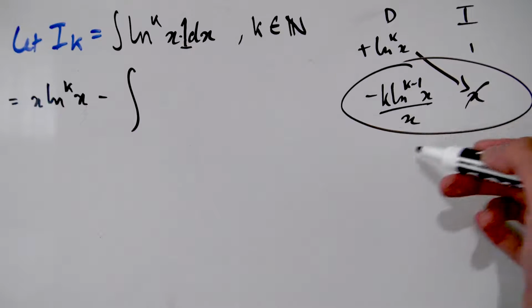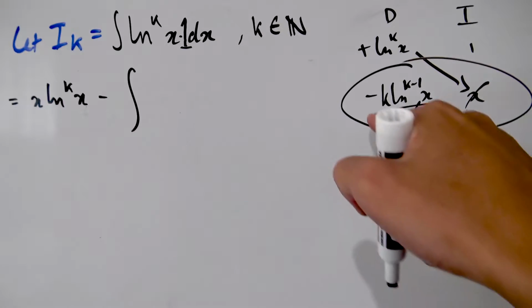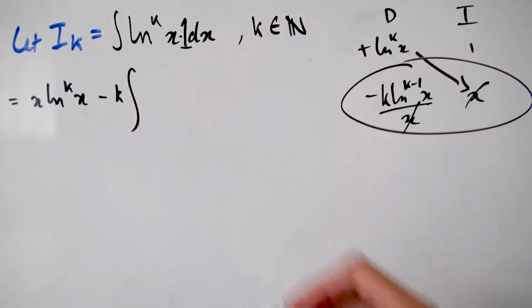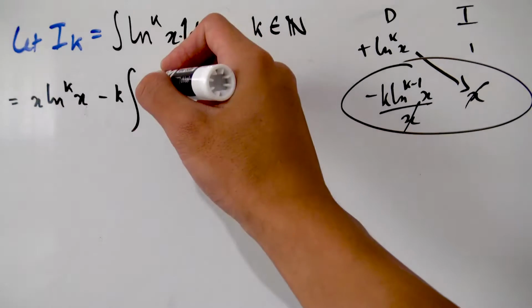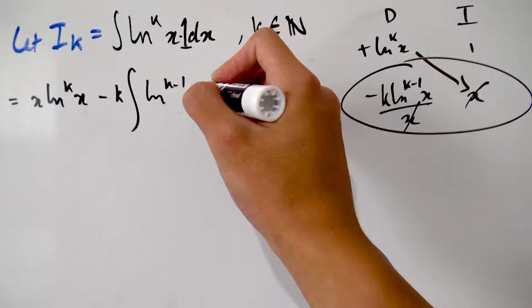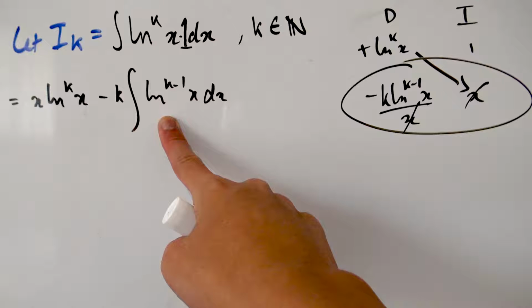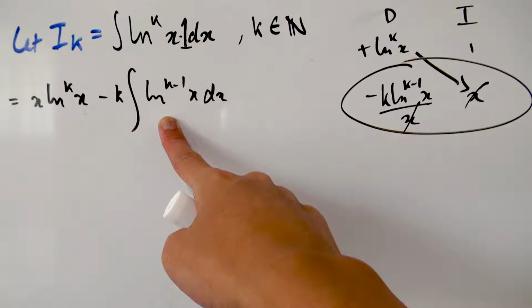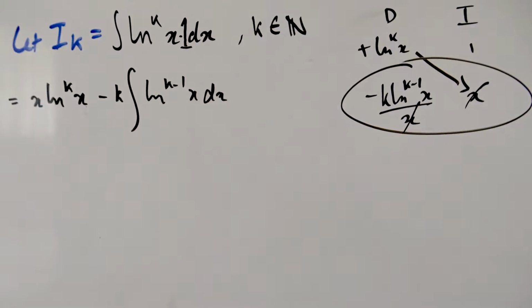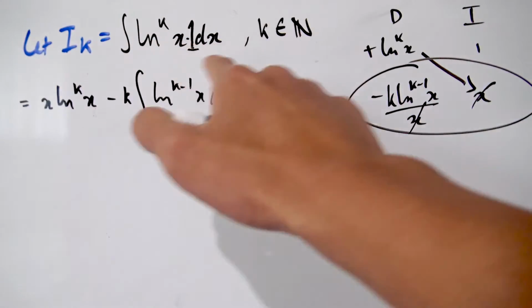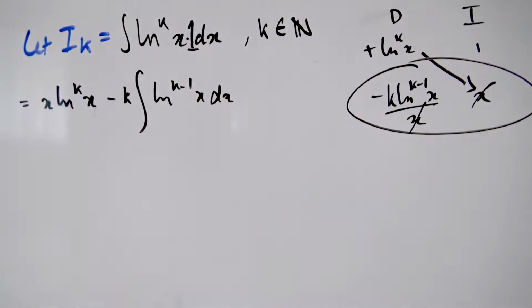But notice that this x and this x will cancel, and we have this k, that's a constant, we can bring that to the outside, and we have natural log to the k minus 1 power of x dx. Alright, and let's take a look at this integral here. That kind of looks similar to what we have here, because this subscript represented the power up here.